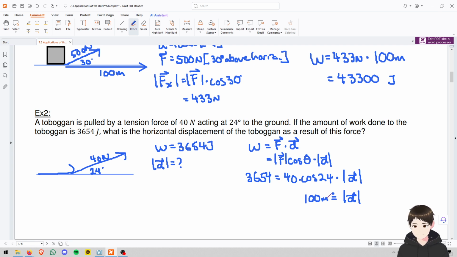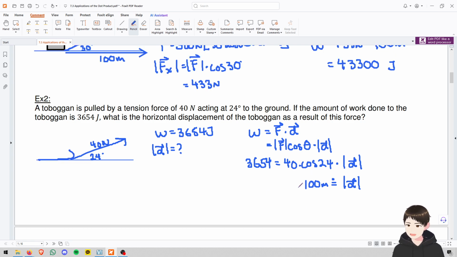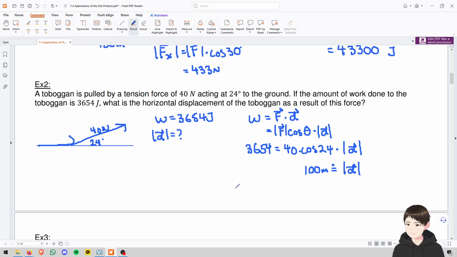That's it. So you might be asking, what do you mean by a ramp? Well, I wanted to use this example to say it won't matter what the situation is. What if this was a ramp and I was pulling like this? This is 24 degrees to the hill. You think, does that change anything?